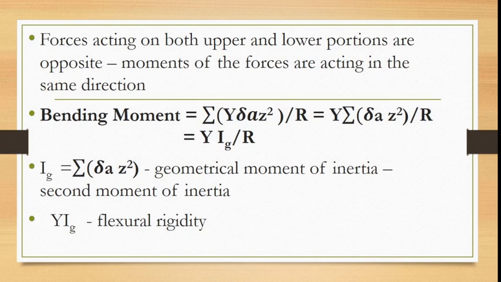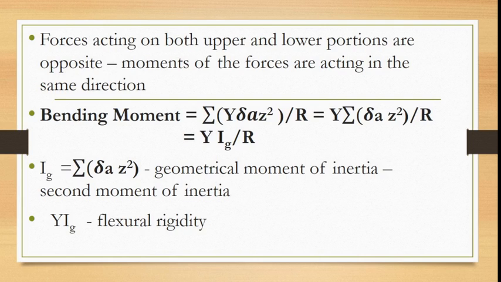So delta A and z are changing, so sigma must be given for delta A and z. So Y into sigma of delta A z square divided by R. You know that the radius of curvature will be a constant, isn't it? So the expression for the bending moment is Y into sigma delta A z square divided by R.